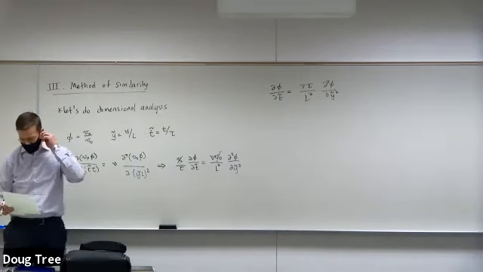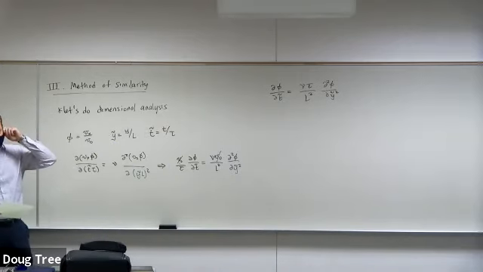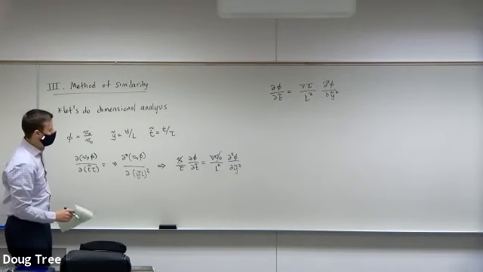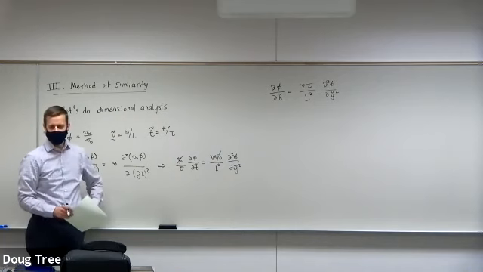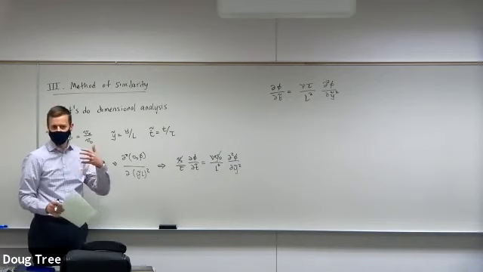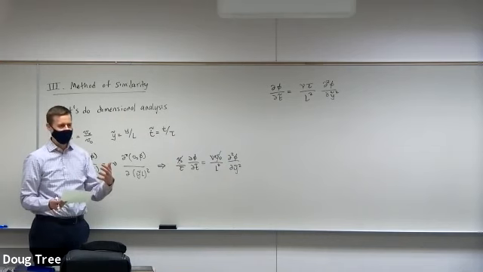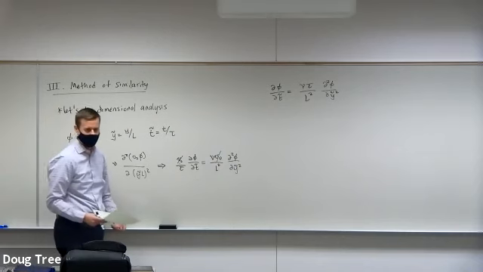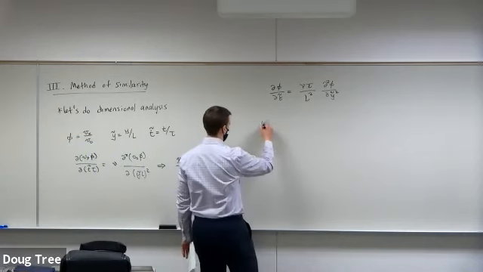Okay, so I want to think for a second about the Buckingham pi theorem. You guys remember the Buckingham pi theorem? In the Buckingham pi theorem, remember, you count the number of independent dimensions and you count the number of variables you have. And that determines how many independent dimensionless groups you're allowed to have. So let's count the number of dimensions.